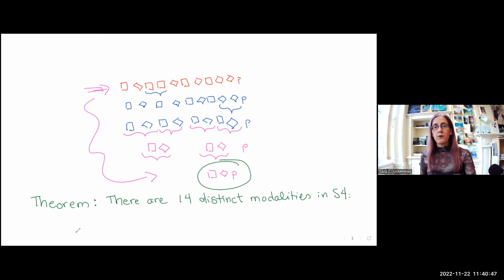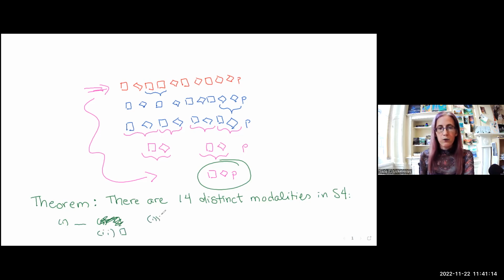So these 14 are the null case, i.e. the case where there is no modality, no box, no diamond, no negation. It's really hard to represent it, so I'm just going to do this little underline. That's the first one. The second one is the box.